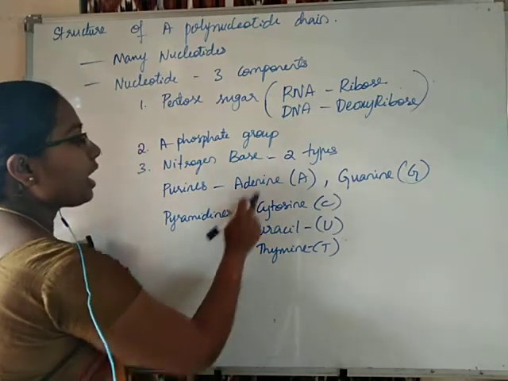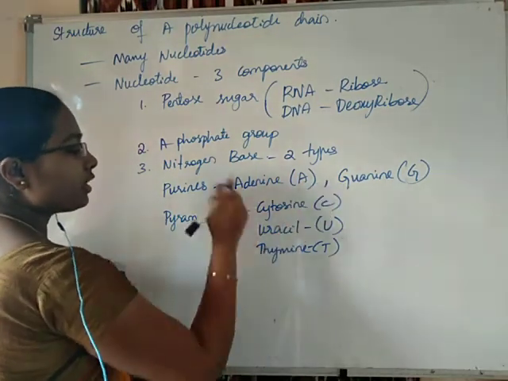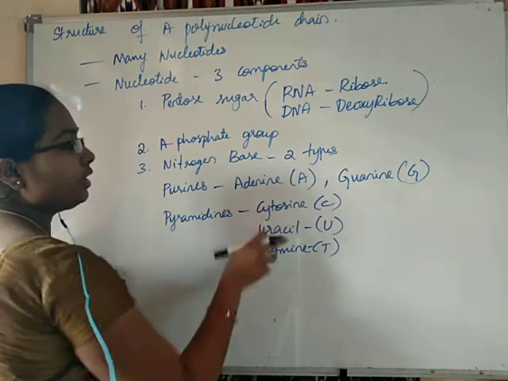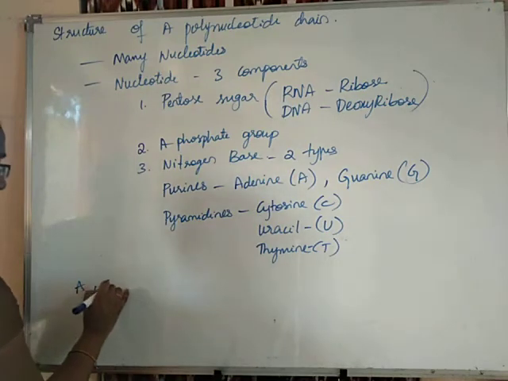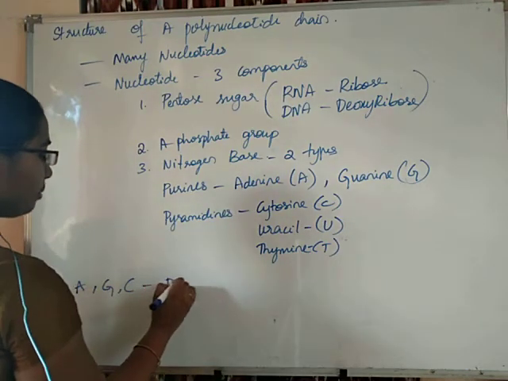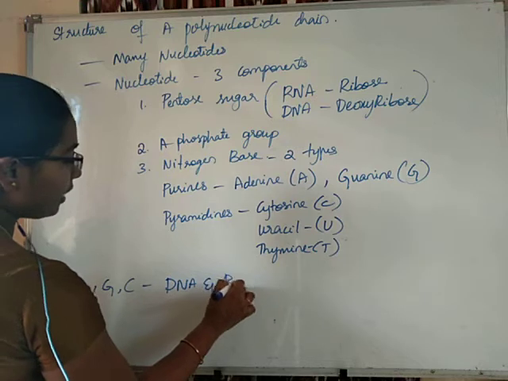See, students, adenine, guanine and cytosine, these 3 are present in both RNA and DNA.